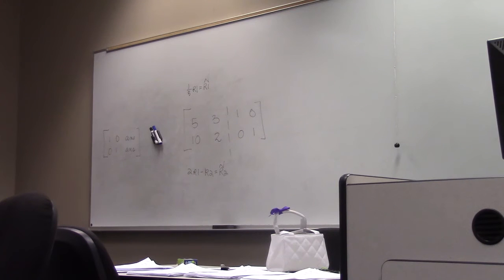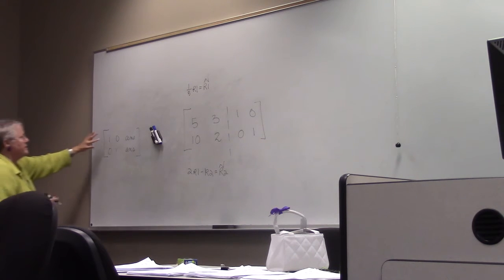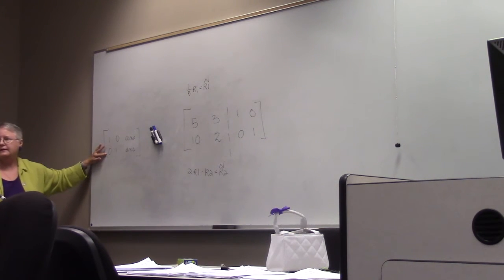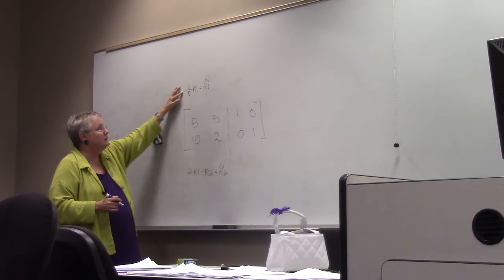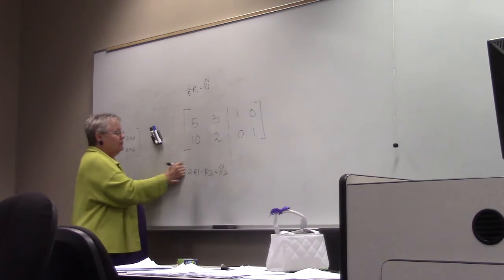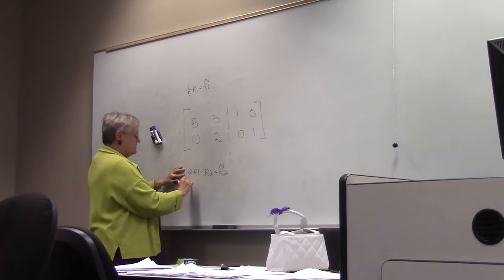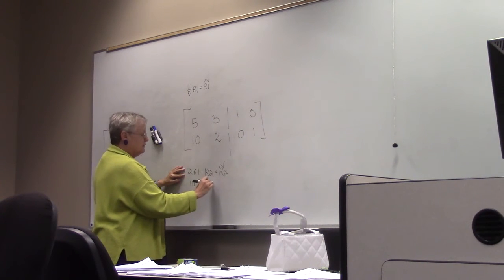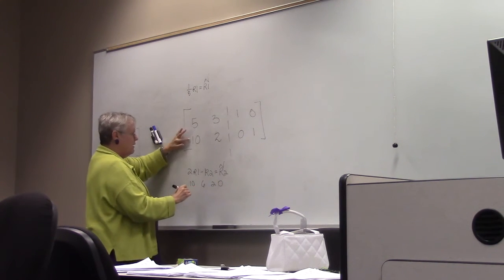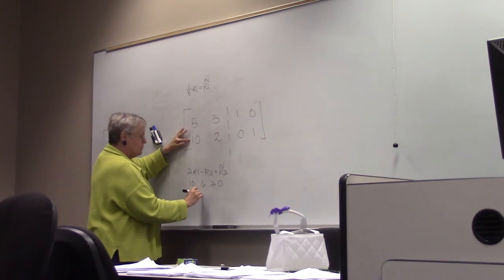So you get to pick which one you replace, and you pick it strategically to give you a 1 here and a 0 here. Let's try it that way since we did the other one last time. 2 row 1 gives me a 10, a 6, a 2, and a 0, minus row 2.